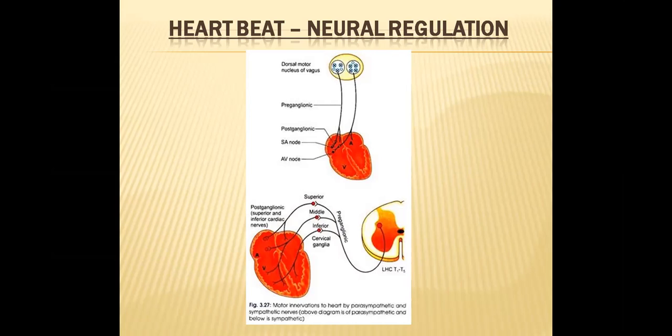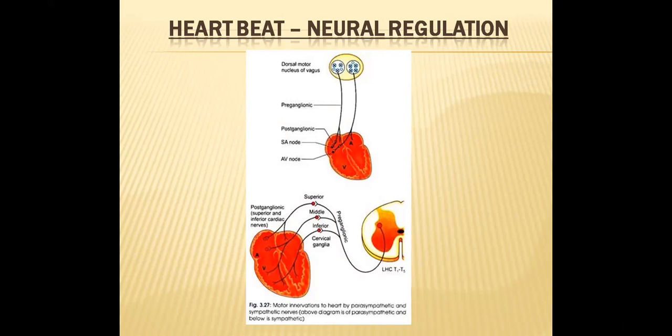So when the heart beats fast, the parasympathetic nervous system will release acetylcholine. Acetylcholine is a neurotransmitter released by the parasympathetic fibers in the vagus nerve, and it regulates the SA node functioning, so that the SA node will generate a lesser amount of impulses.